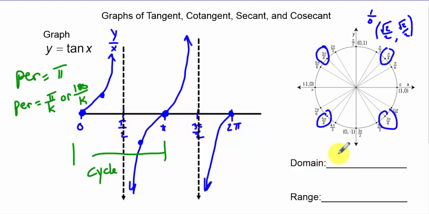So if I want to write a domain, I say the x's are not equal to pi over 2 plus pi k, and k references integer multiples of pi from there on out. Whereas the range, notice, it goes up and down forever, so negative infinity to infinity will give me the range.